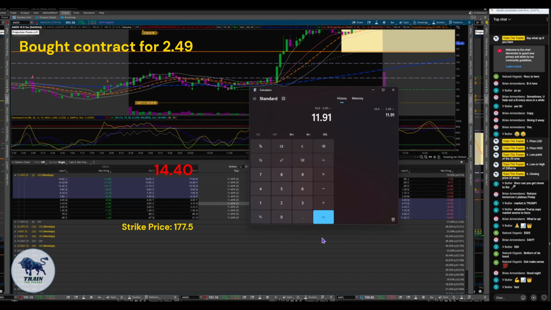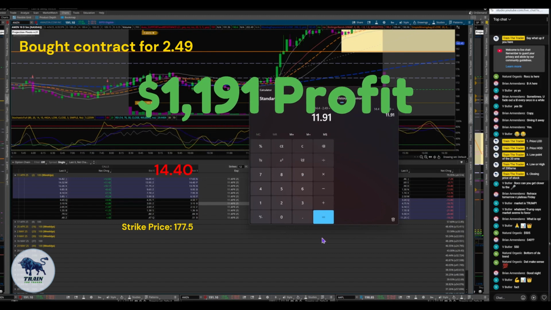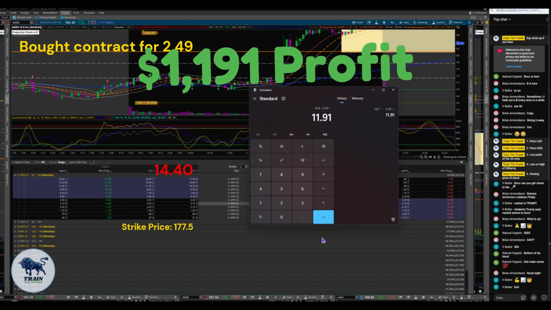Ladies and gentlemen, that's how much I made or could have made on that contract today. 11, so broken down, that's $1,100, $1,200 on one contract.